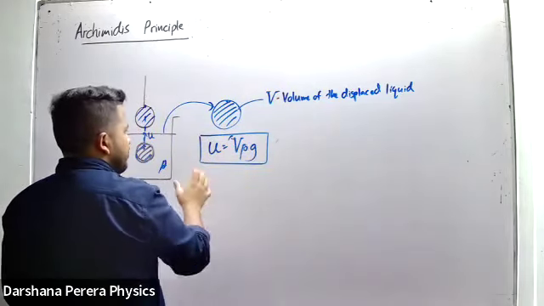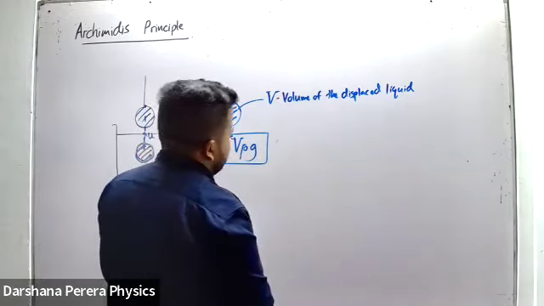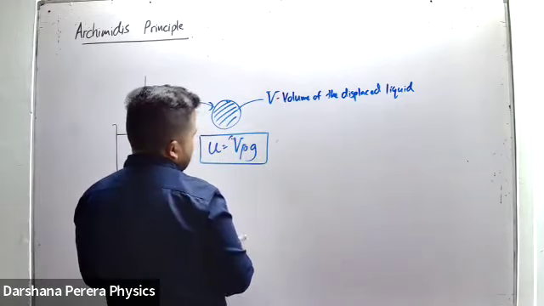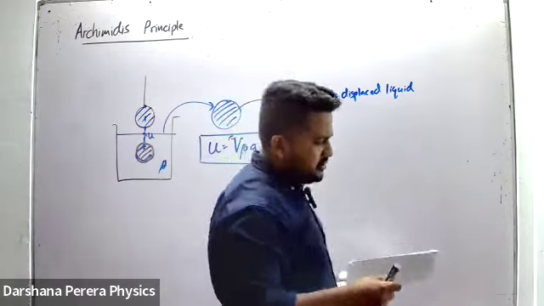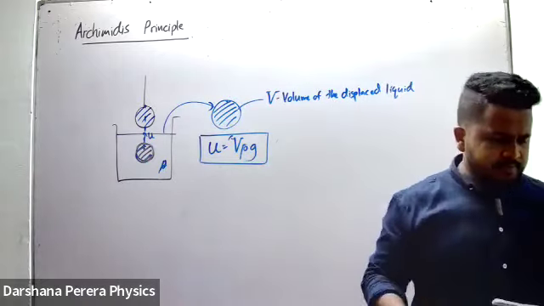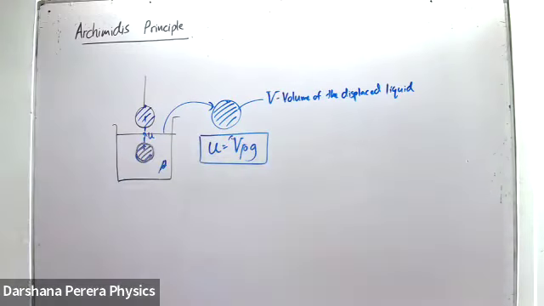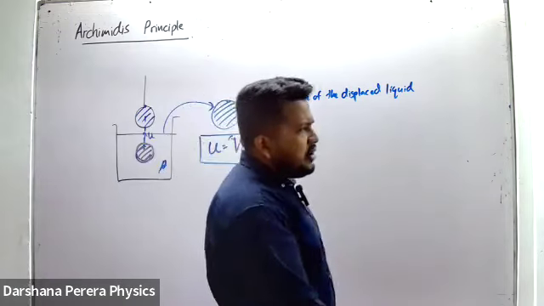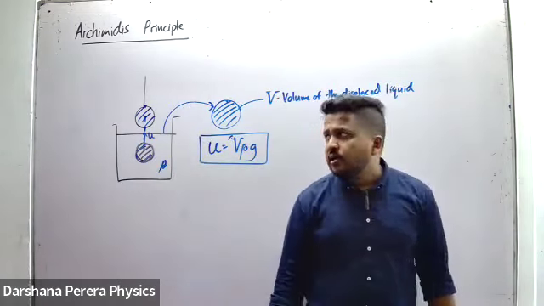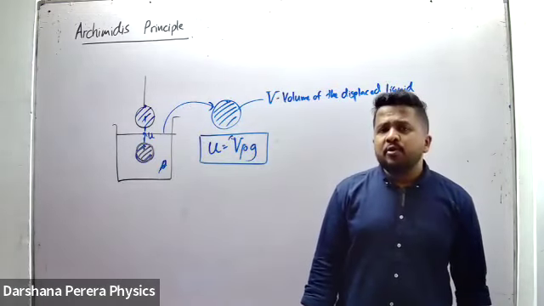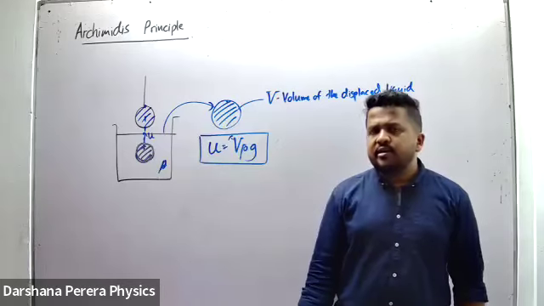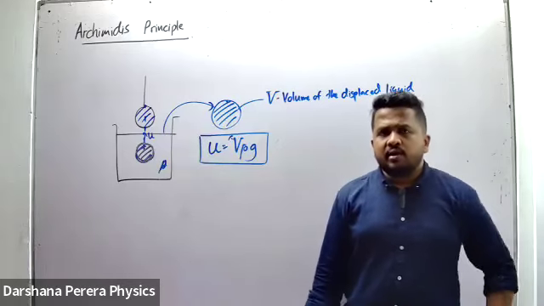Therefore, this is the mass of the displaced liquid, right? Okay. We can prove this Archimedes principle. In the earlier lessons, we also discussed this one, but we did not prove it. But in this case, we can prove the Archimedes principle.